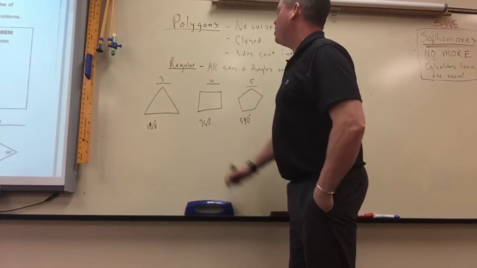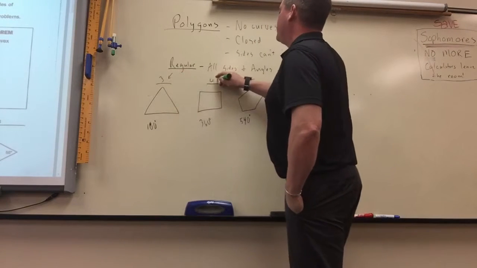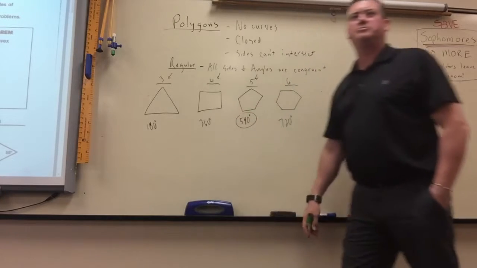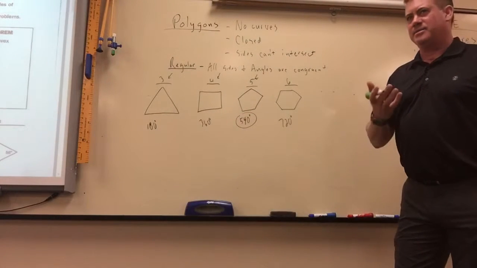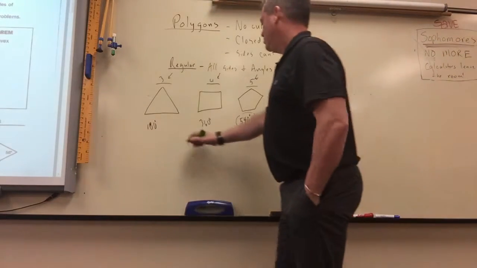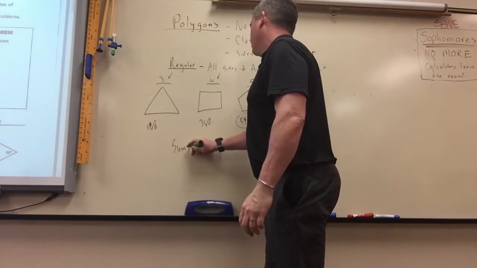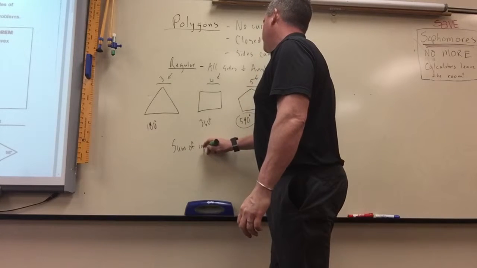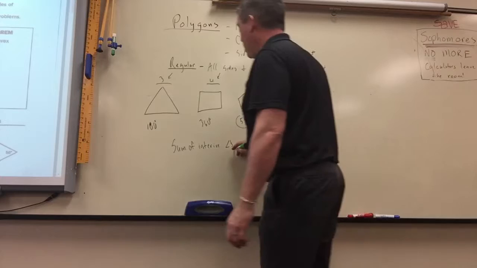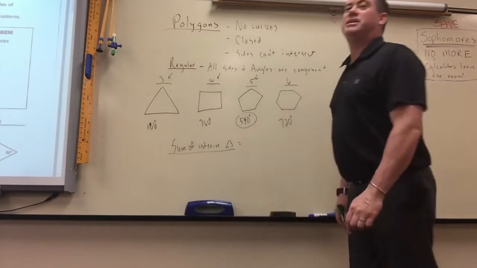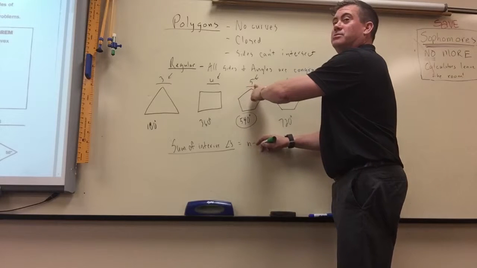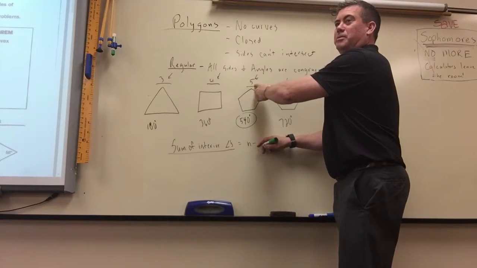Now, what you can do is you can do something to the number of sides to figure out what the measure is. And does anyone remember what that formula is? The sum of interior angles on a polygon is equal to the number of sides minus, you remember?